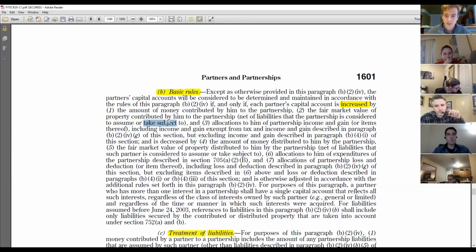Take subject to is what tells you that the capital account adjustments that we made, the capital account goes up by 60, but then down by 30 net. It's the same whether it's a recourse liability that's assumed, or whether it's a non-recourse liability that's merely taken subject to. So bottom line is for A and C, you get the same answer, even though the facts are different in the sense that the debt goes from recourse to non-recourse.